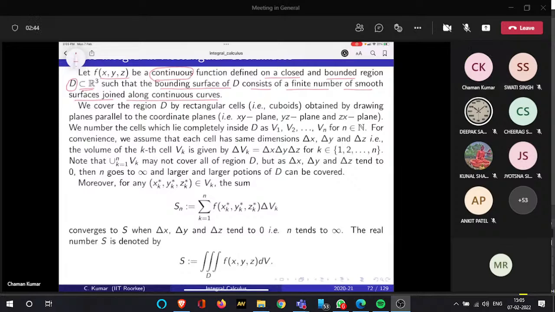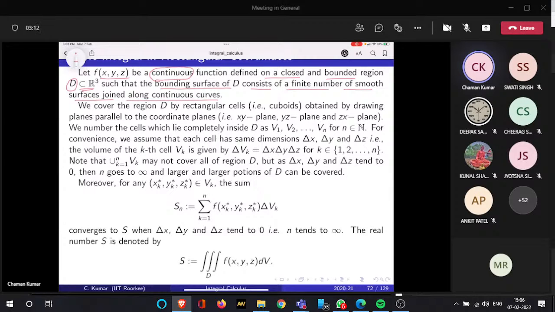So here the domain of the function is defined in R3. It is a closed and bounded region, and not only that, the boundary of this region D will be surfaces.